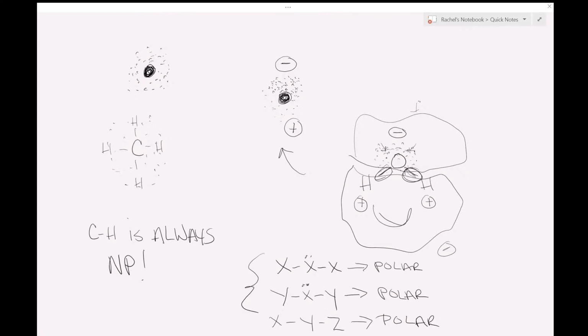Now, in addition, we know, for example, that water, when we draw its electron geometry, is going to be tetrahedral, right? It's going to be O, and then it's going to have 2 electrons here, and 2 electrons here, right? And then we're going to have this hydrogen that sticks out towards us, and this hydrogen that goes back into the page, right?